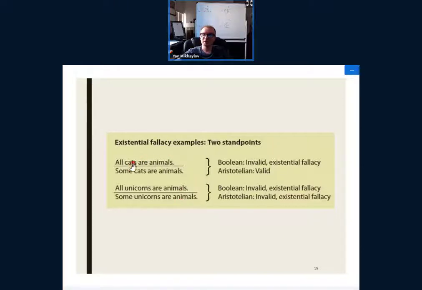Because remember, in Boolean we cannot assume that cats exist. We by default cannot go from universal to particular, period. But from the Aristotelian standpoint, this one is actually valid because cats exist. So by saying all cats are animals, we can validly say that it is also true that some cats are animals. However, with the Aristotelian standpoint, when you say all unicorns are animals, therefore some unicorns are animals, you are committing existential fallacy because unicorns do not exist.